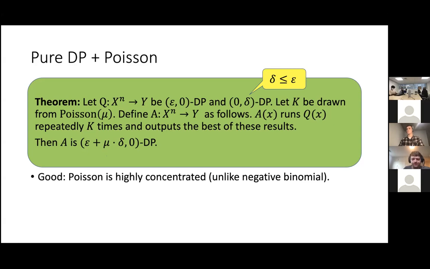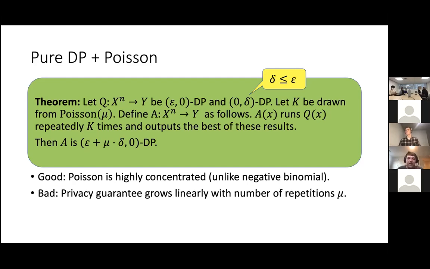The good thing about this result is that the Poisson distribution is really nicely concentrated, unlike the negative binomial, so this is a nicer distribution to work with. The bad property is that you are getting a privacy bound that still grows linearly with the number of repetitions.